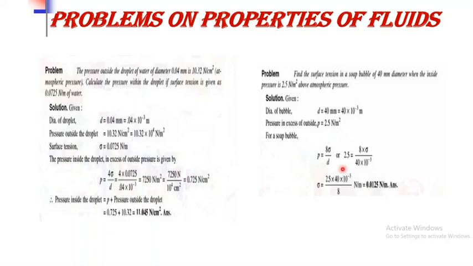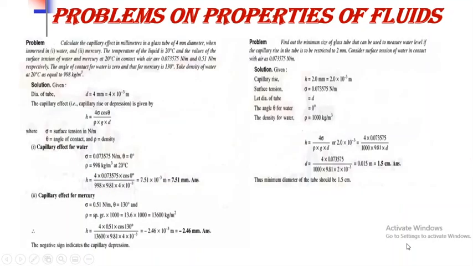By putting the value of pressure and diameter here, we get the value of surface tension. So pressure is 2.5 Newton per meter square, then 8 into sigma divided by the diameter, which is 40 into 10 raised to minus 3. By rearranging the terms, we get the value of sigma, that is the surface tension, as 0.0125 Newton per meter. This is about the surface tension property and problems on it.